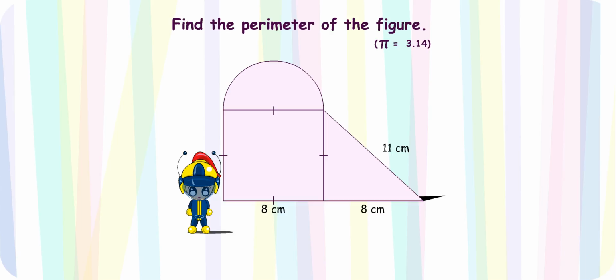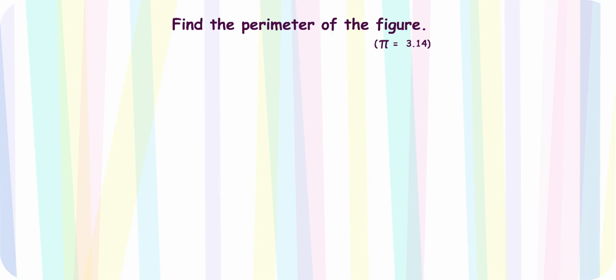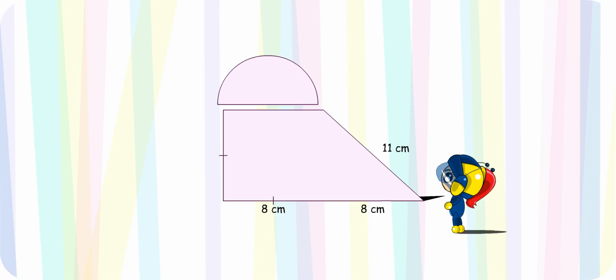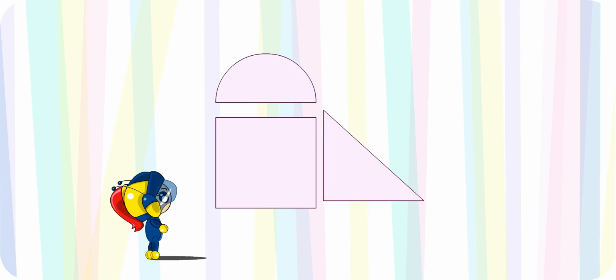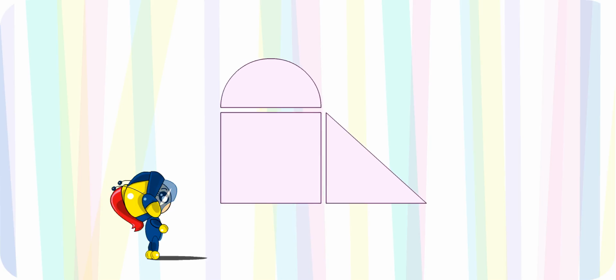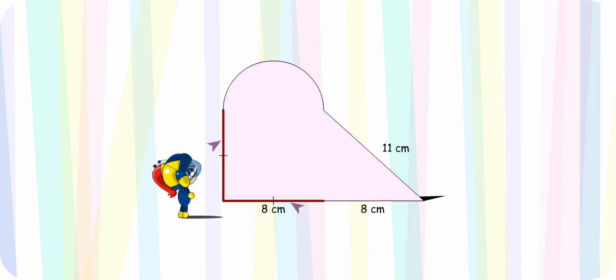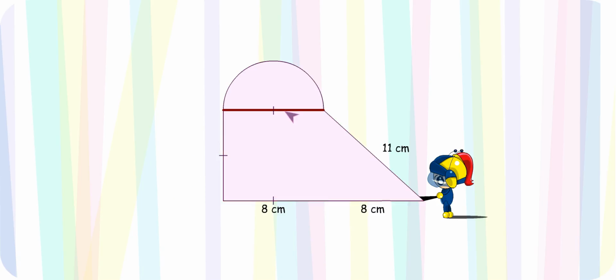To find the perimeter, we have to cut the figure into basic shapes. In this case, the shapes are semicircle, square, and triangle. Thus, the perimeter includes the circumference of the semicircle, 2 sides of the square, and 2 sides of the triangle. The diameter of the semicircle is also a side of the square.